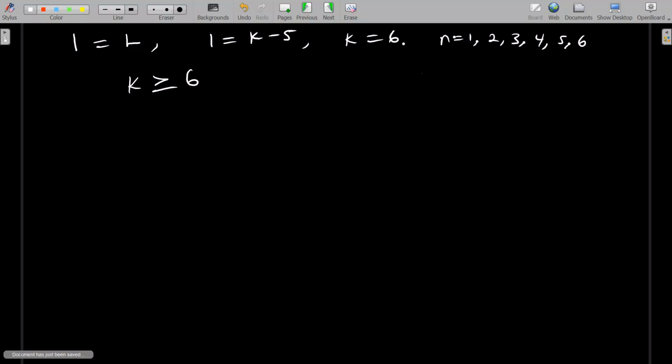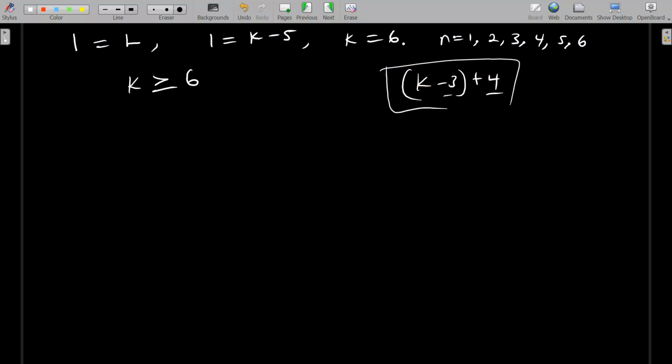If we had used something like K minus 3 plus 4, notice that this will give you K plus 1. 3 and 4 are also factors of 12.